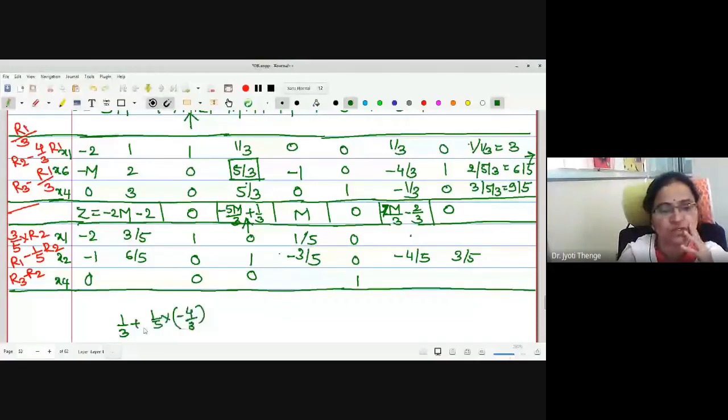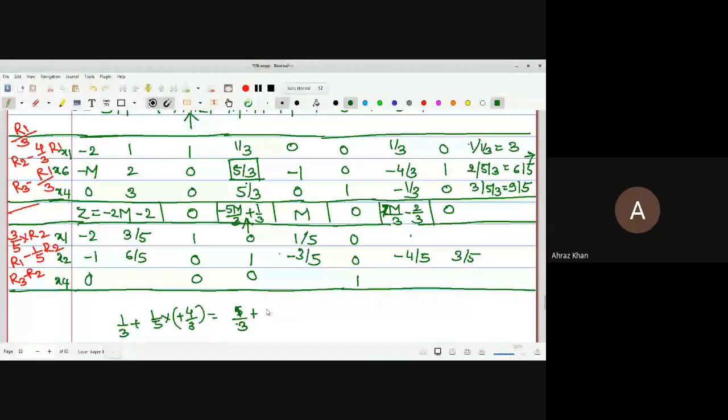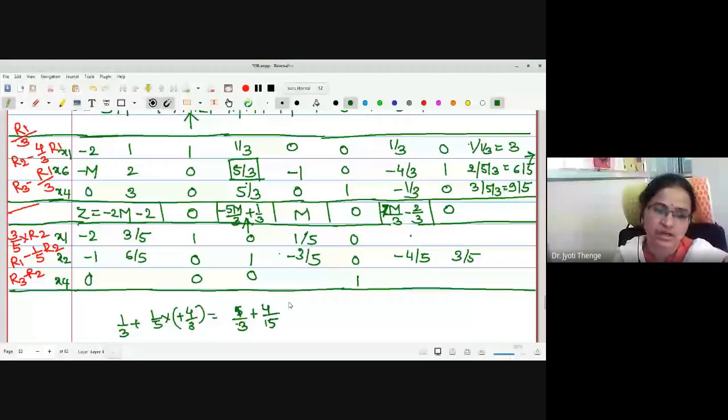How much is this value? This minus becomes positive. 1 by 3 plus 4 by 15. 4 by 15 means I have to adjust 5 here. This is 5 by 15. 8 by 5.